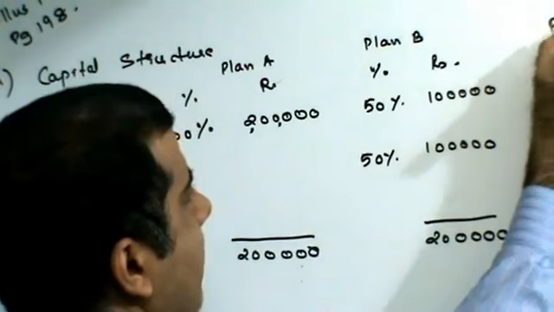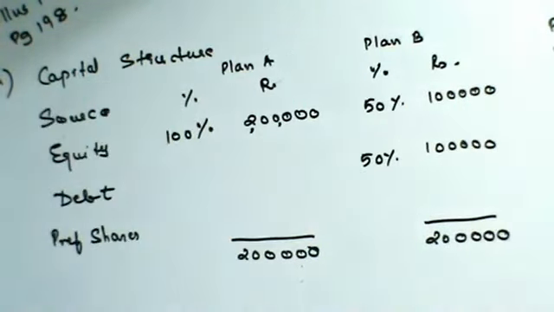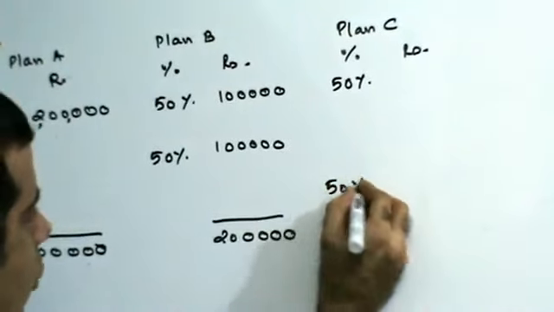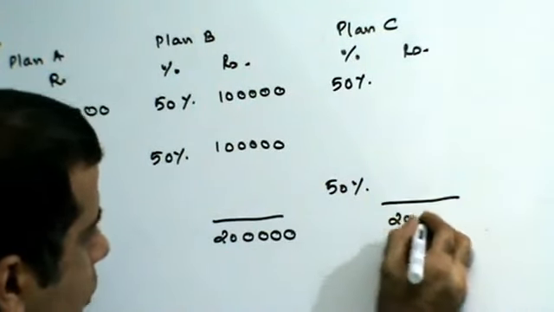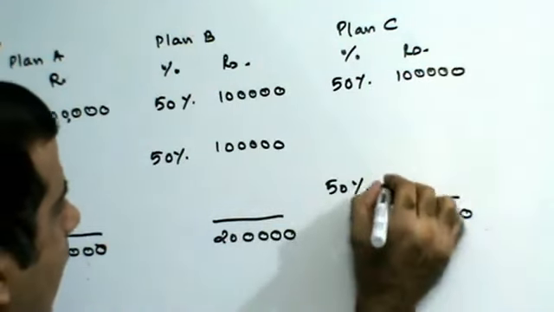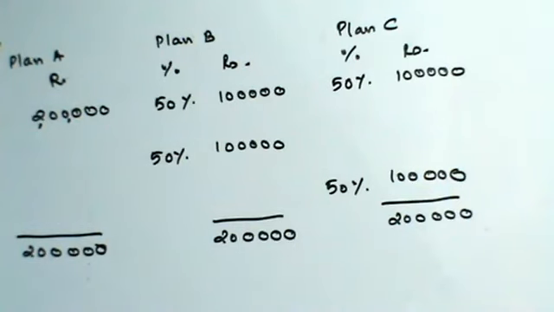Plan C. Percentage and rupees. Plan C says that 50% is equity and 50% is preference shares. Total amount required is 2 lakhs. So this is going to be 1 lakh here and 1 lakh here. Right? So these are the 3 different plans.